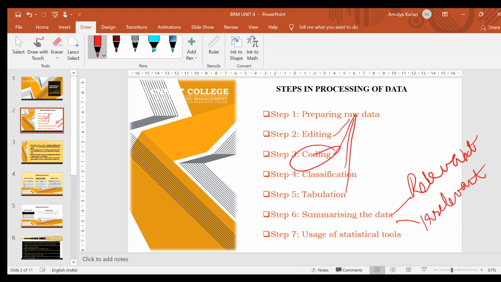First one is classification of data, second one frequency distribution, and the last one use of appropriate statistical tools. In usage of statistical tools, there are three different tools which are being used. First one is frequency distribution, other one is measures of central tendency.